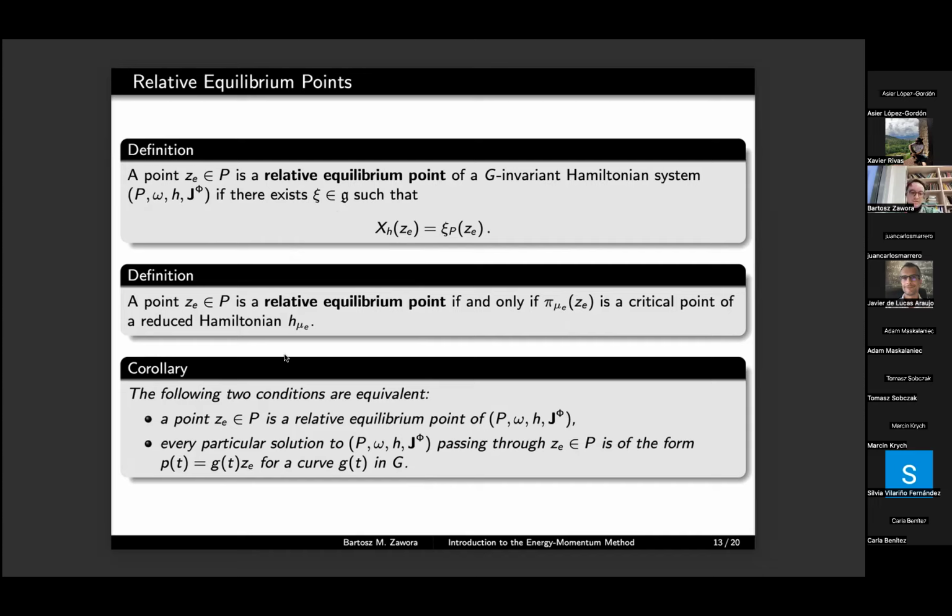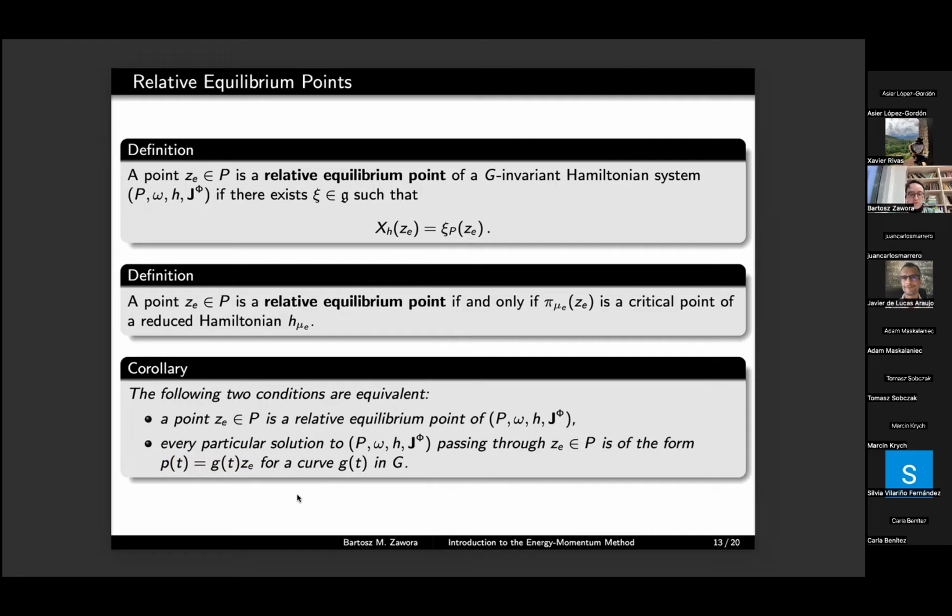And the corollary says that the following two conditions are equivalent. A point z_e is a relative equilibrium point of a G-invariant Hamiltonian system if and only if every particular solution passing through this point z_e is of the following form, for some curve g(t) in a Lie group.